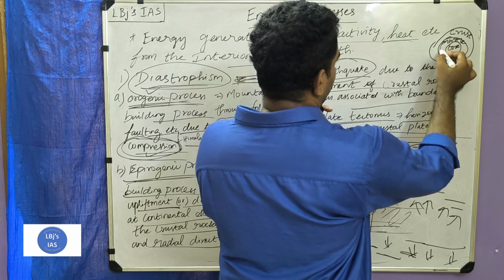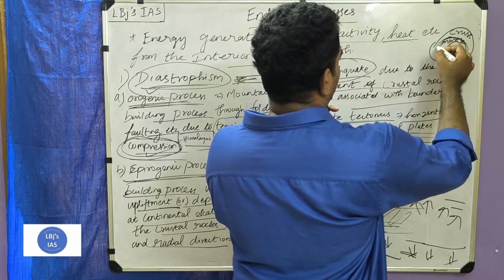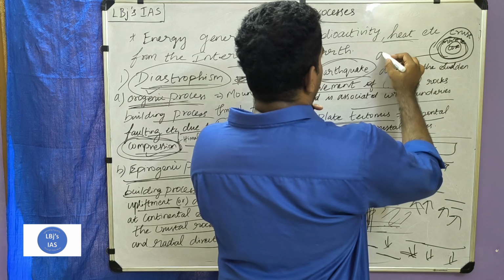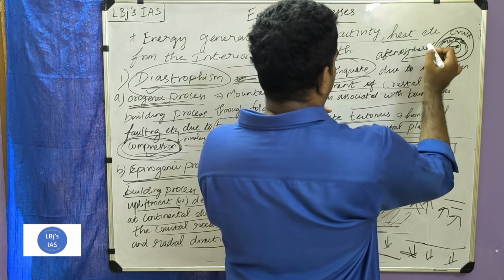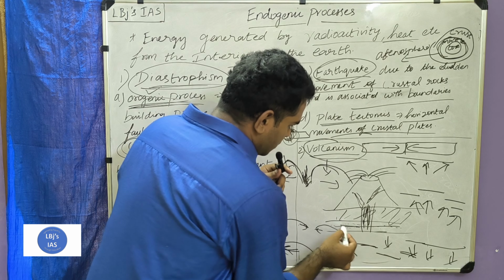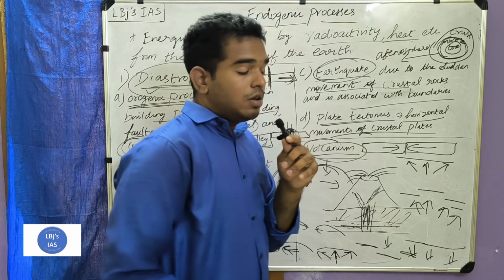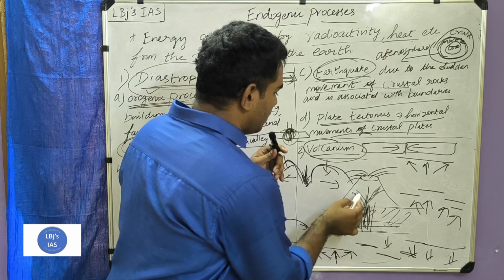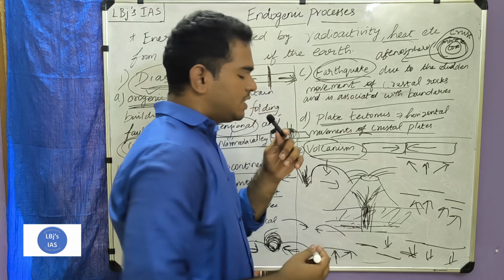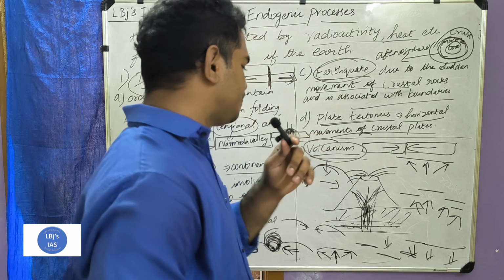This mantle consists of a weak layer, which is the asthenosphere. The asthenosphere consists of magma, and this magma from the asthenosphere will come above, which creates a volcano.